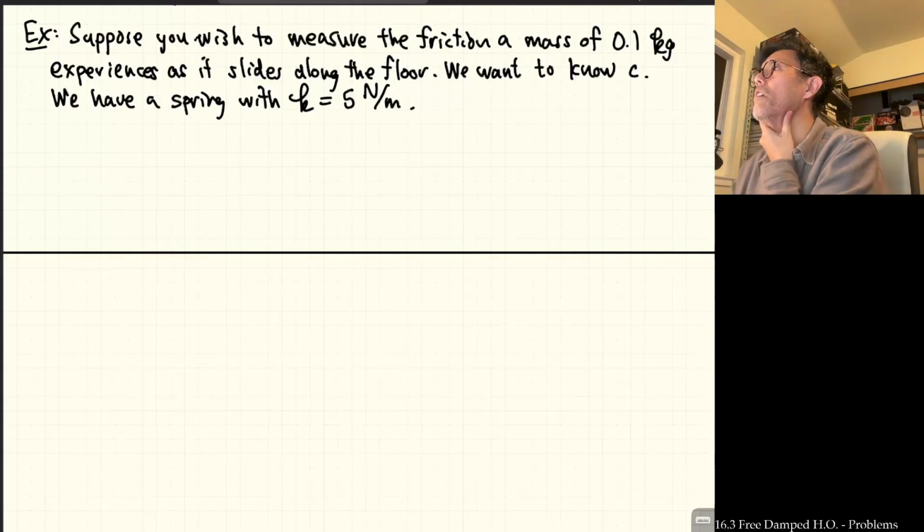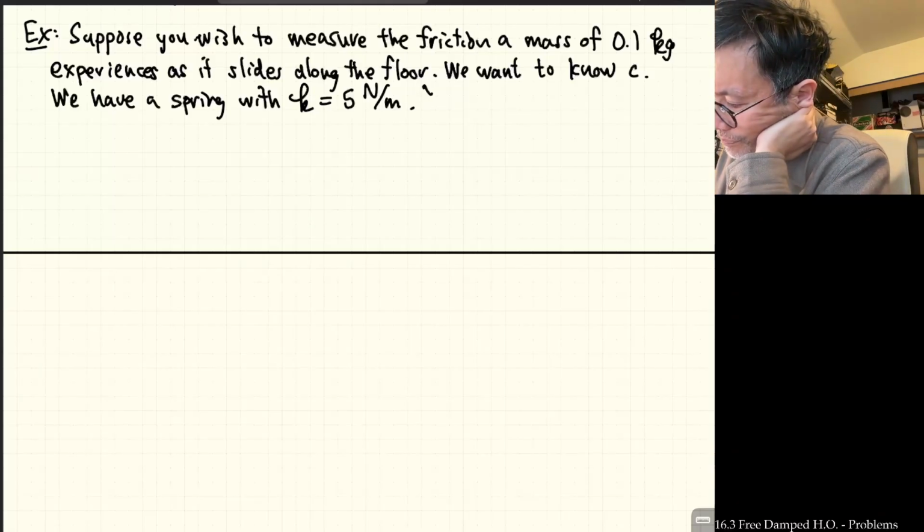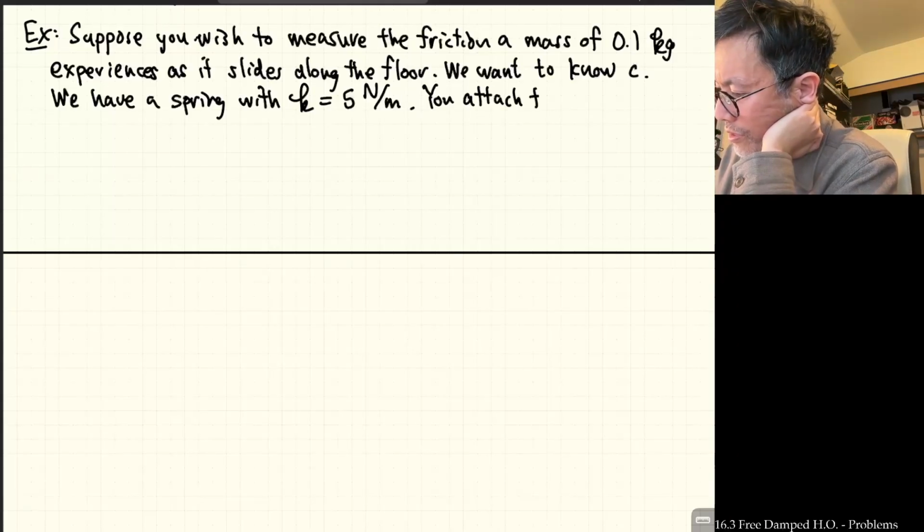You take the spring, attach the mass, and affix it to the wall. The mass to the spring, and the spring to the wall.